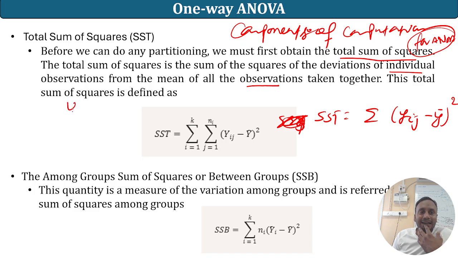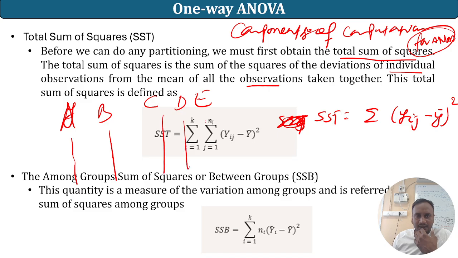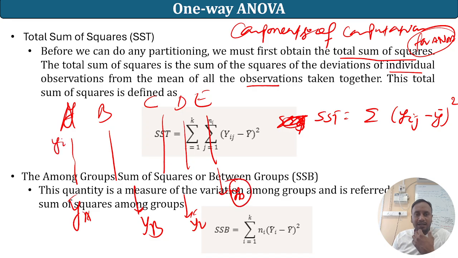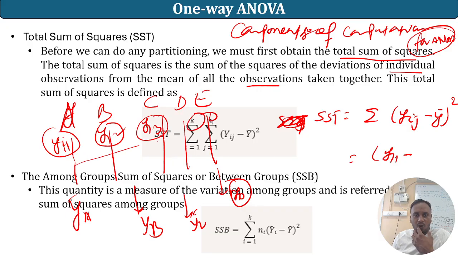Let's say I have groups A, B, C, D, E, F with some samples, so Y A bar, Y B bar, Y C bar, Y D bar. This one will become y11, y12, y13. Here y11 minus, we'll take all samples together.